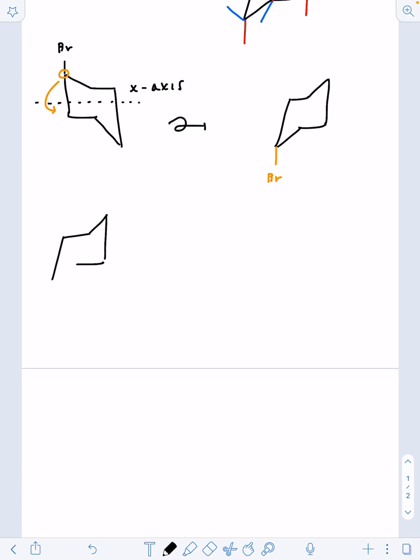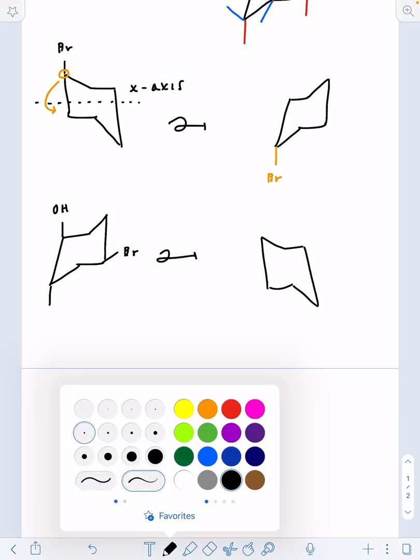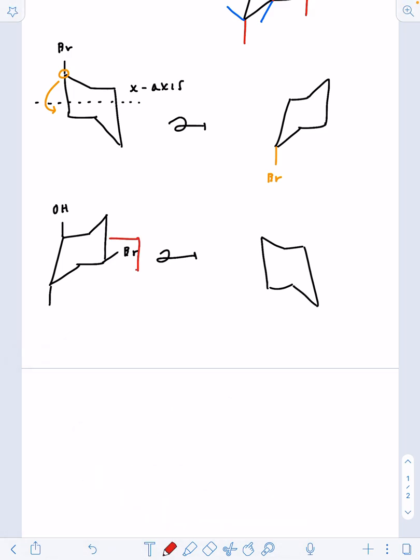So here's another example of one that's equatorial. We'll also put an OH group here and a methyl group here. So when we turn it, think about what we're starting with and what we're ending with. So our bromine is up and equatorial, so that means now it's going to start here, end here, and it's going to be down equatorial.